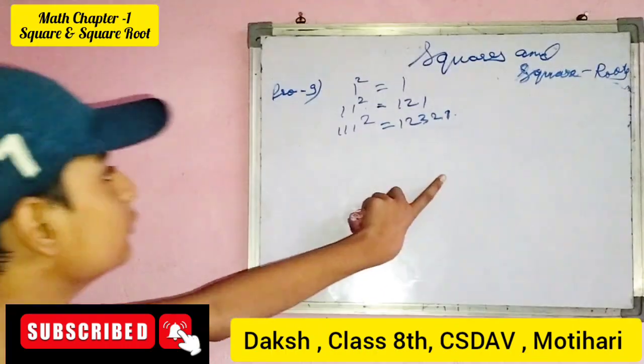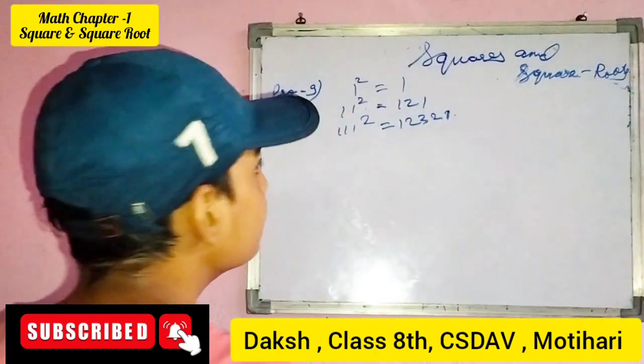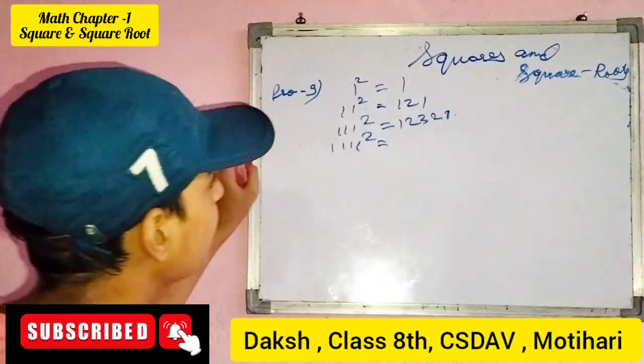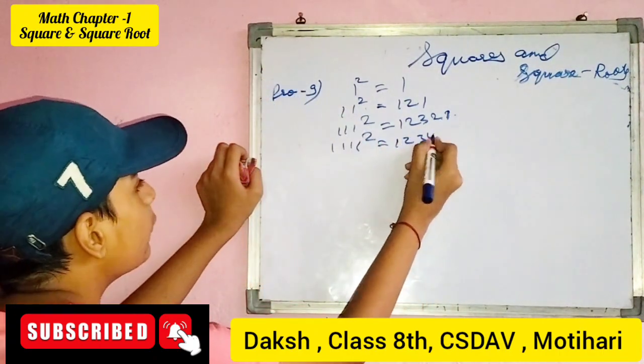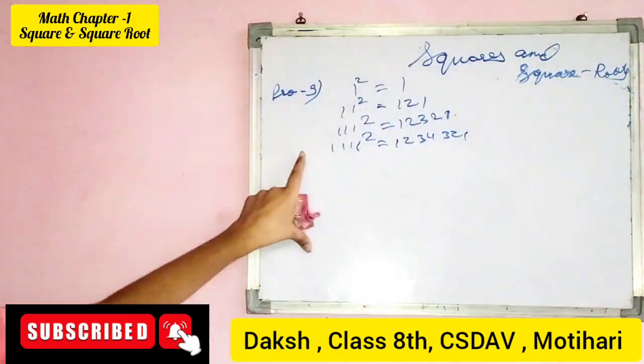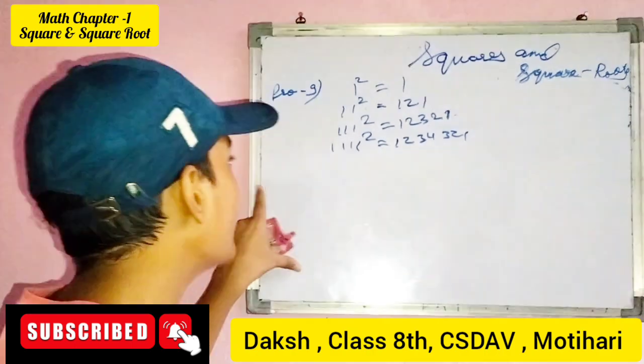This pattern goes on, even for a very big number. We can take out its square easily: 1234321. This is a trick that applies only to numbers that have all the digits as 1.